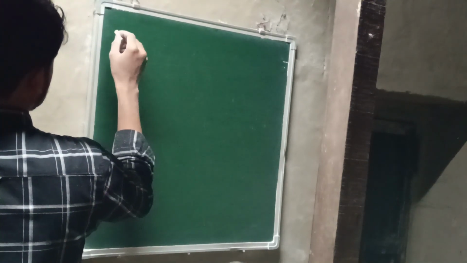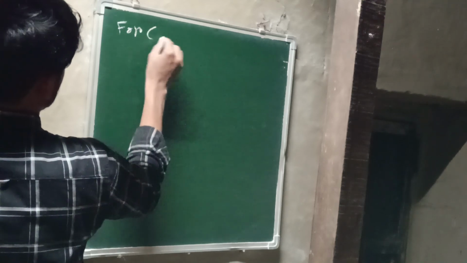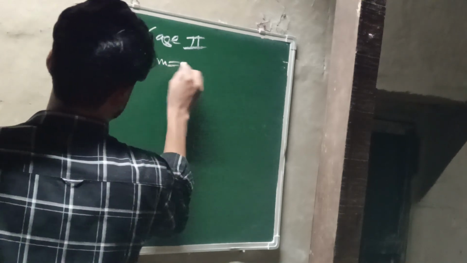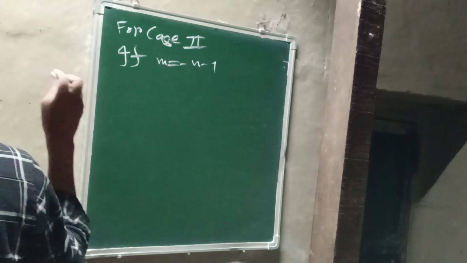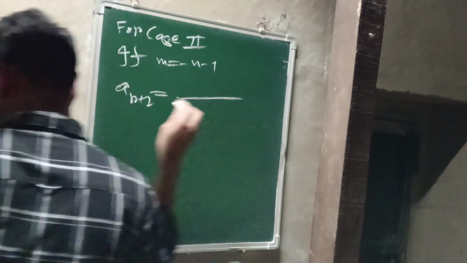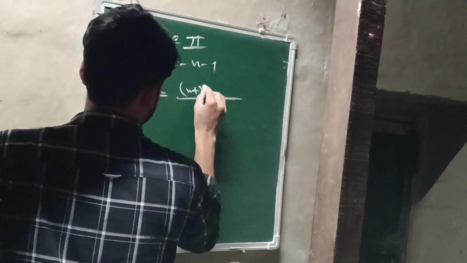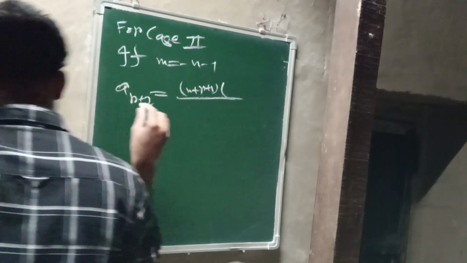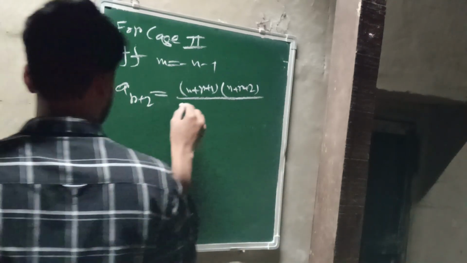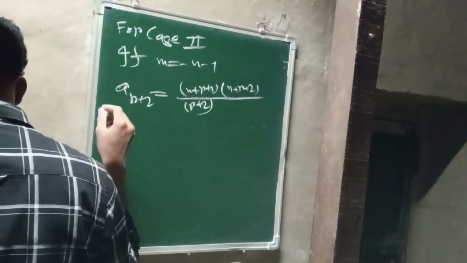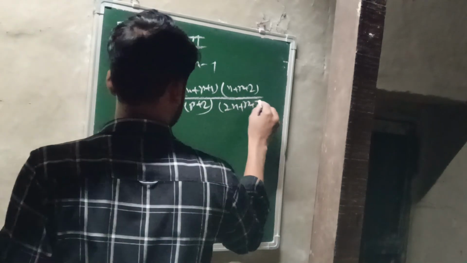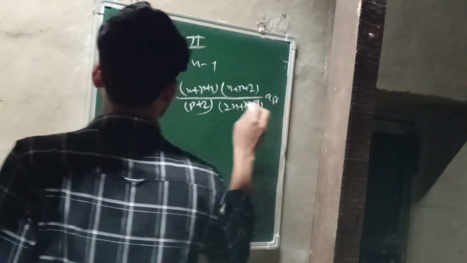Now for case 2, if m equal minus n minus 1, then ar plus 2 equal (n plus r plus 1)(n plus r plus 2) divided by (r plus 2) into (2n plus r plus 3) into ar.